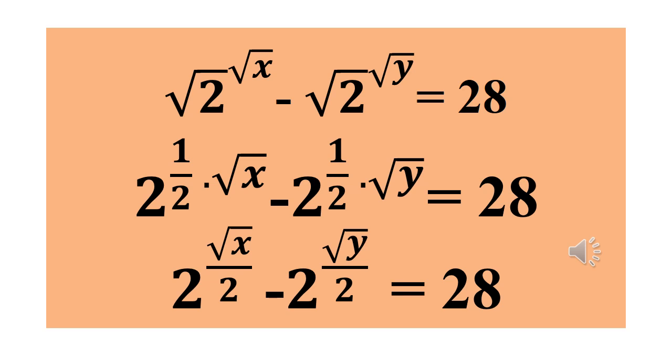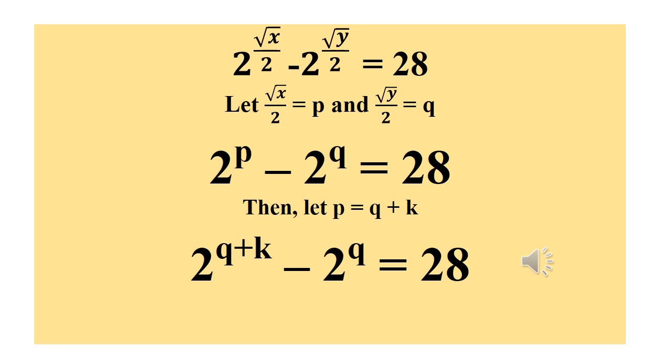So we now have 2 raised to power half times square root of x minus 2 raised to power half times square root of y equals 28. If you now multiply the powers together, we have 2 raised to power square root of x over 2 minus 2 raised to power square root of y over 2 equals 28.